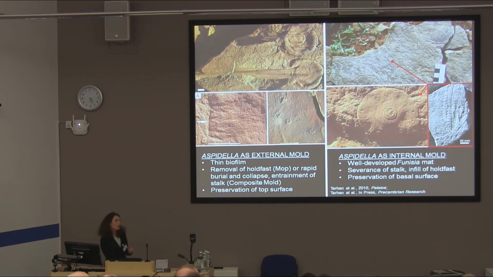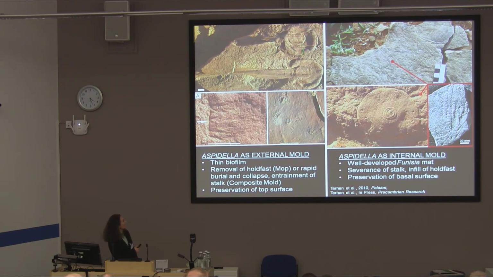In contrast, where Aspidella occurs in the absence of a well-developed Funisia mat, with only a thin biofilm, what we instead get is wholesale removal of the holdfast from the substrate, yanking out of the frond, resulting in the formation of this biological tool mark that we term mop for its resemblance to the household cleaning aid.